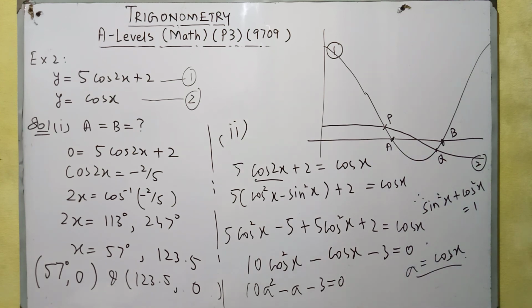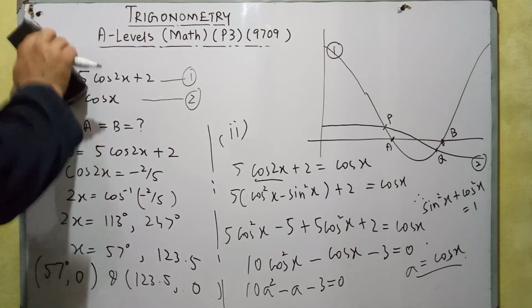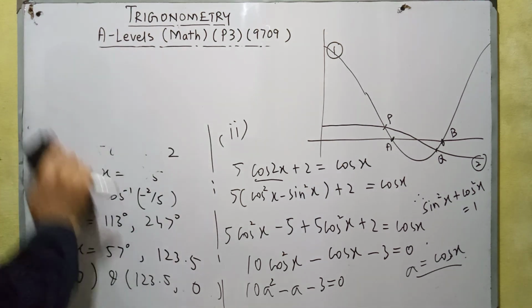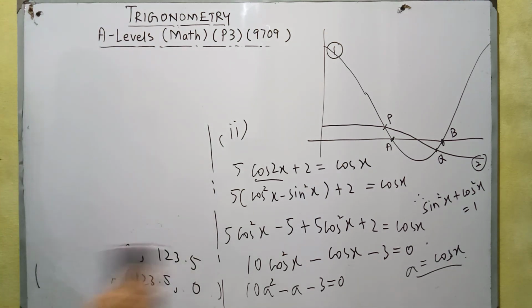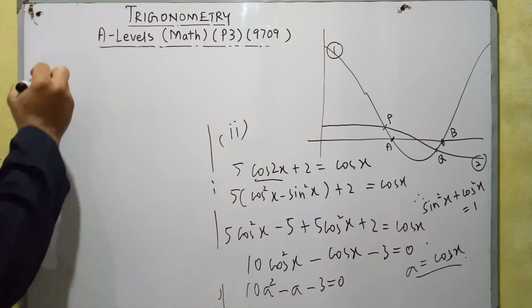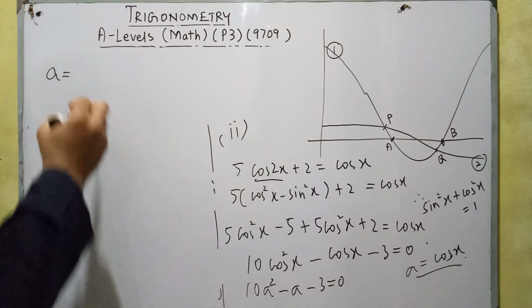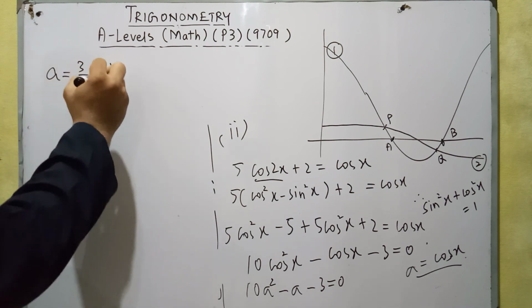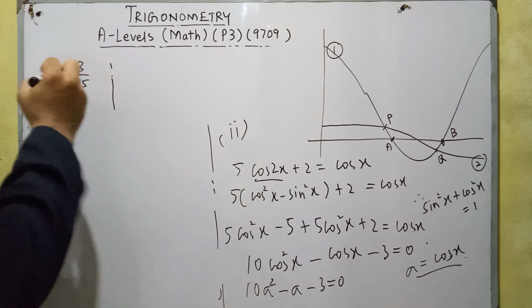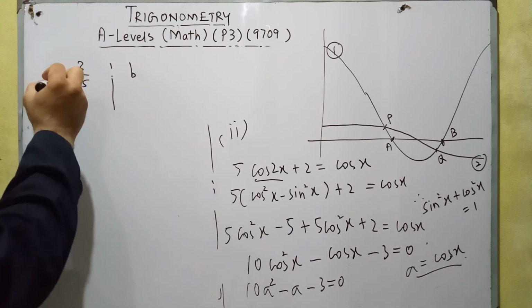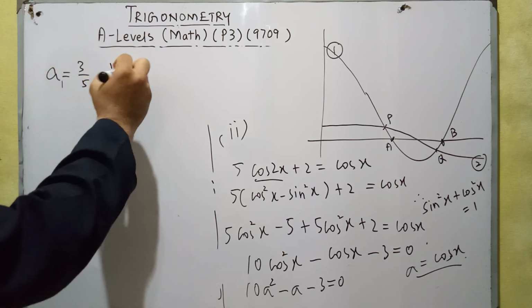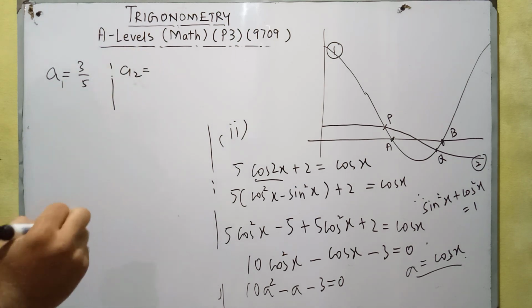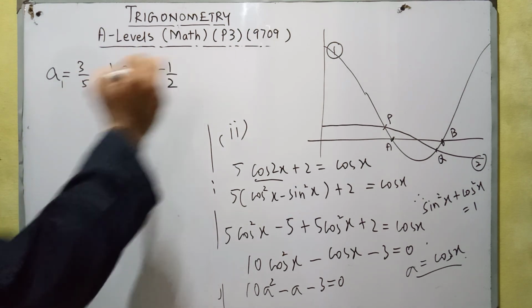This is a quadratic equation, and we can have two roots of this quadratic equation. We all know how to solve a quadratic equation. a will be equal to 3 over 5, that will be our first root, and then the second root will be equal to minus 1 over 2.